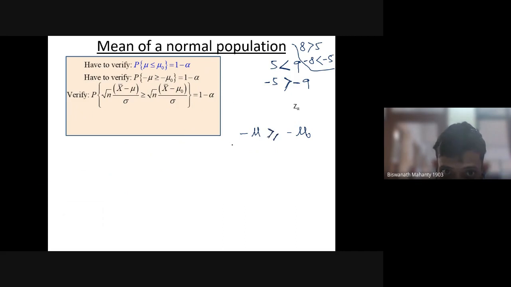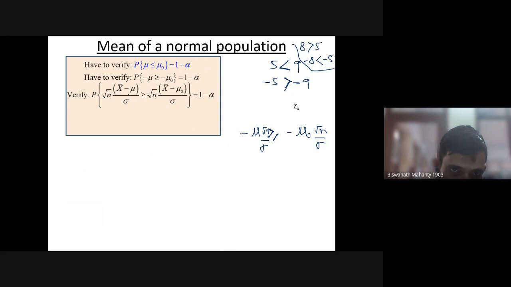Now if I multiply by root n by sigma, will this thing change? You see the same picture. If I multiply by root n by sigma, does my question remain unchanged or not? It is an equivalent operation.